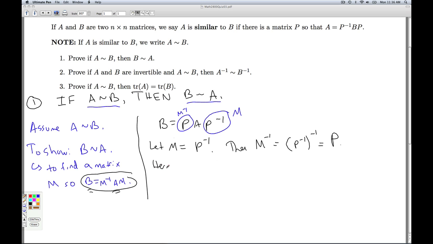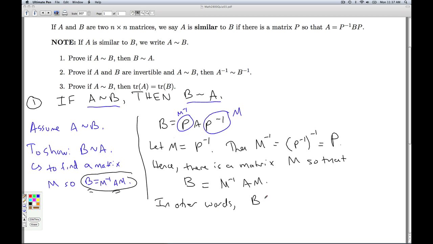So hence, there is a matrix M so that B is M inverse AM. In other words, B is similar to A. So that proves number 1.